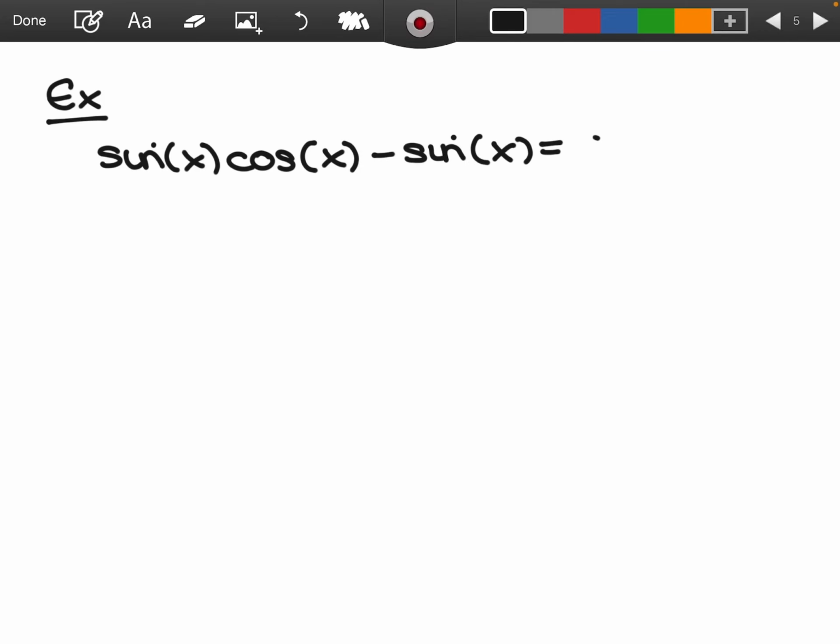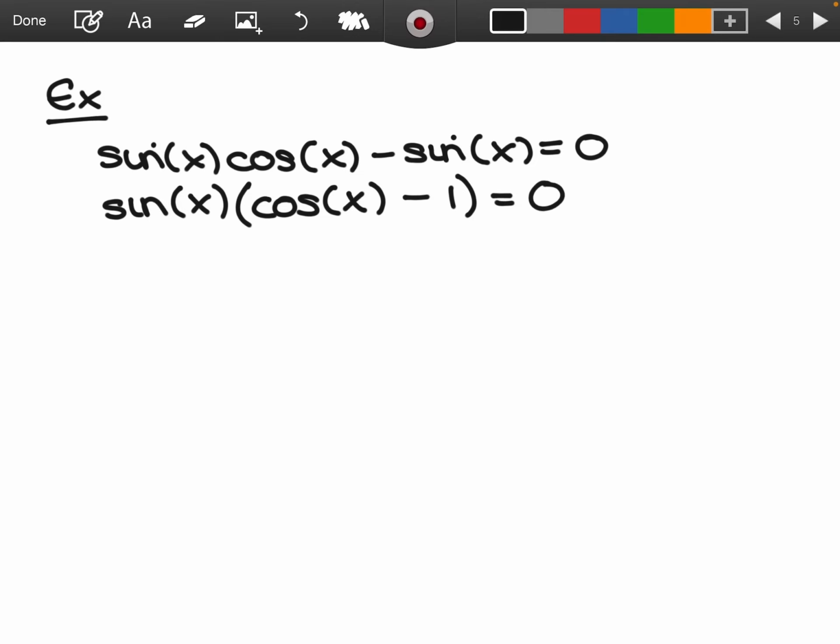The next example is going to involve a lot more factoring. So for this one, we're going to look at sine of x times cosine x minus sine x equals 0. And I want to solve this. First thing I'm going to do is factor this. So I can see that sine of x is in both terms, so I can pull that out.